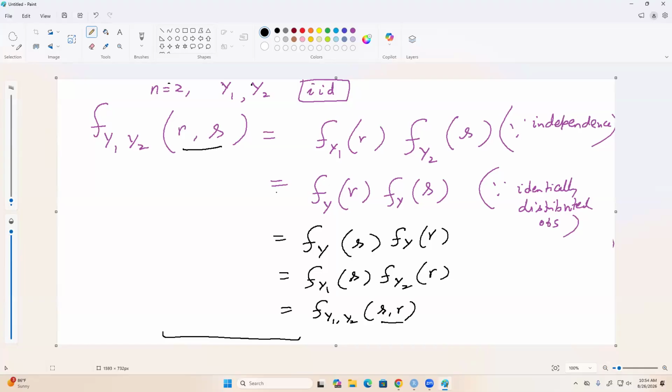That means in this case, if the observations are IID, they are exchangeable. I showed you using n equal to 2, but the same idea applies for other n.